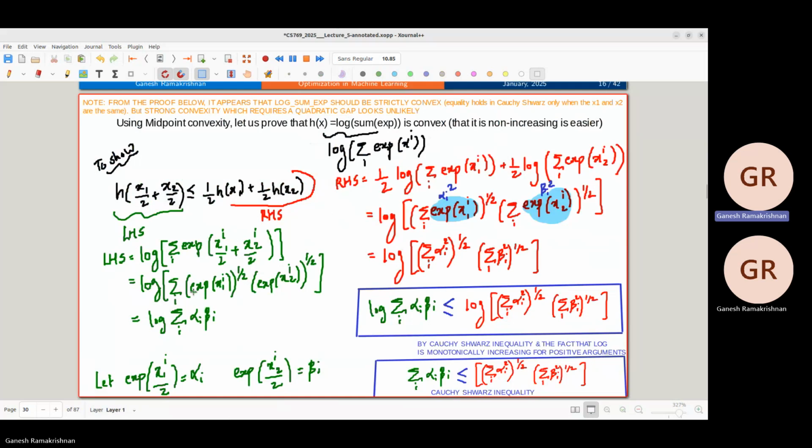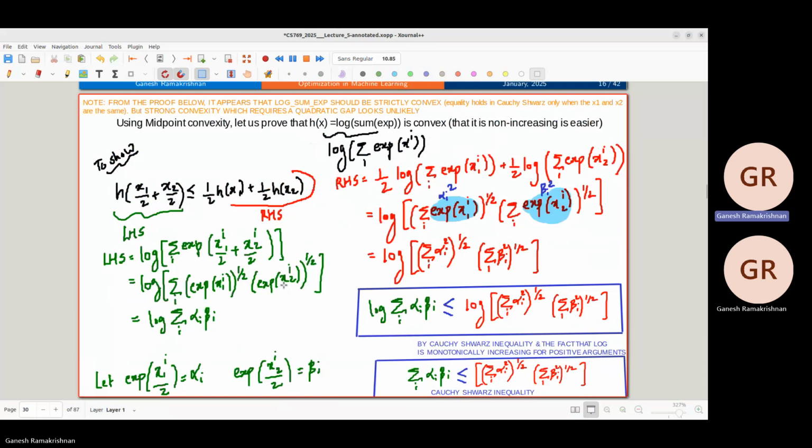Log of sum of exp of (x1 i by 2 plus x2 i by 2) is nothing but the sum over i of exp x1 i raised to half, the square root of exp x1 i, into the square root of exp x2 i, right?